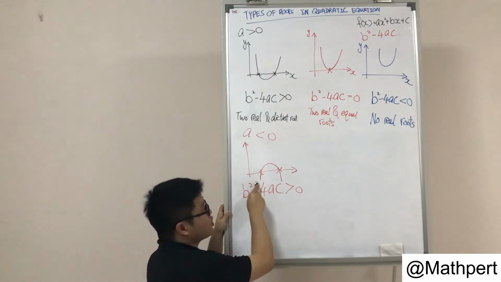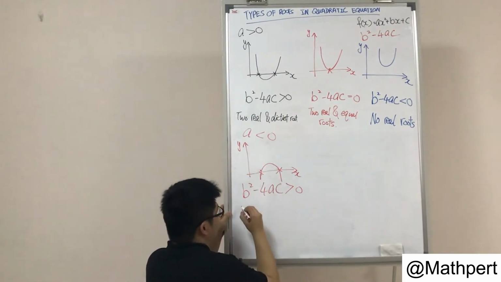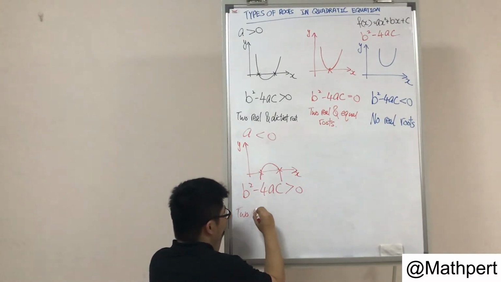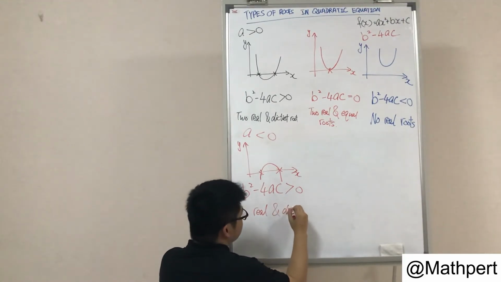The quadratic equation intersects the x-axis at 2 points. They have 2 real and distinct roots.